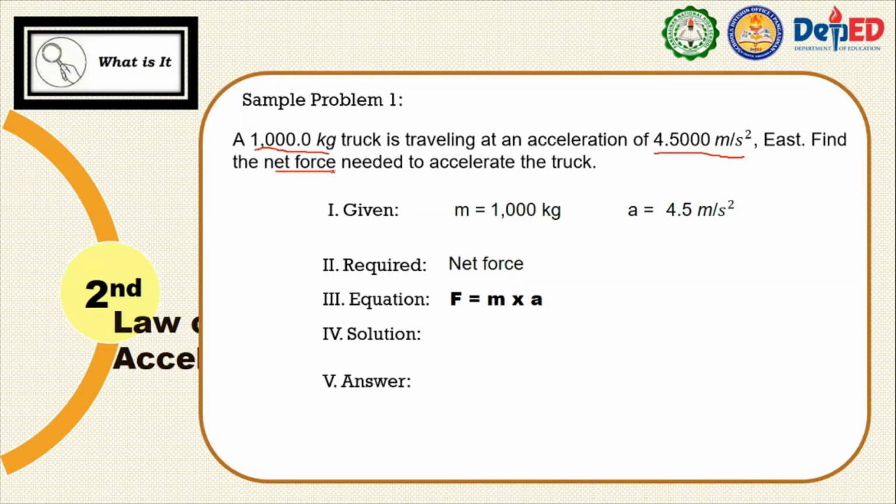Fourth step, solution. So, ang gagawin dito sa solution, you are going to substitute yung given, the mass and acceleration, dito sa formula. Okay? So, you are going to write F or net force equals m.